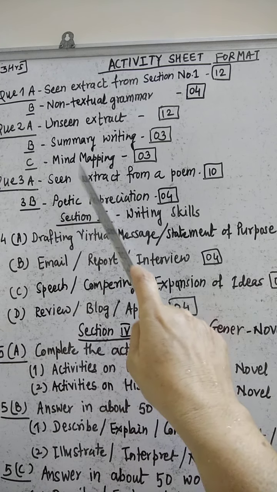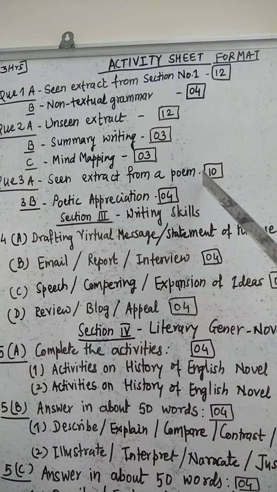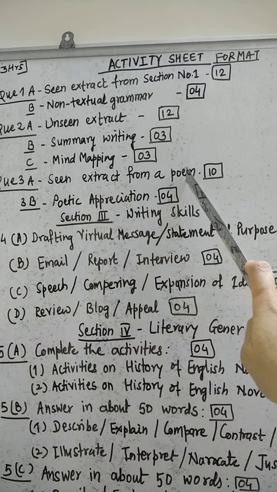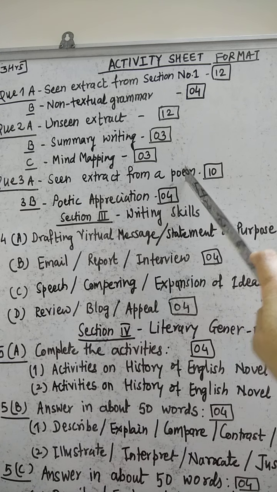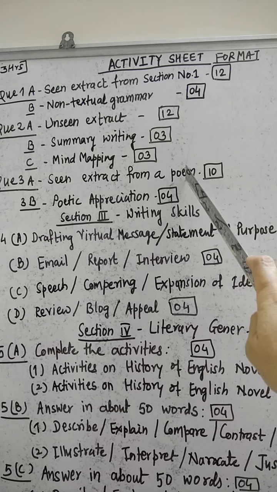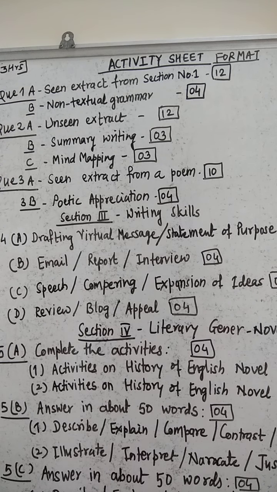Under 3A, we will be given a scene extract of, say, around 15 lines from one of the poems, and this question will deal with 5 different activities, and these can be based on global understanding, inference or interpretation type of question. There will be a personal response question.